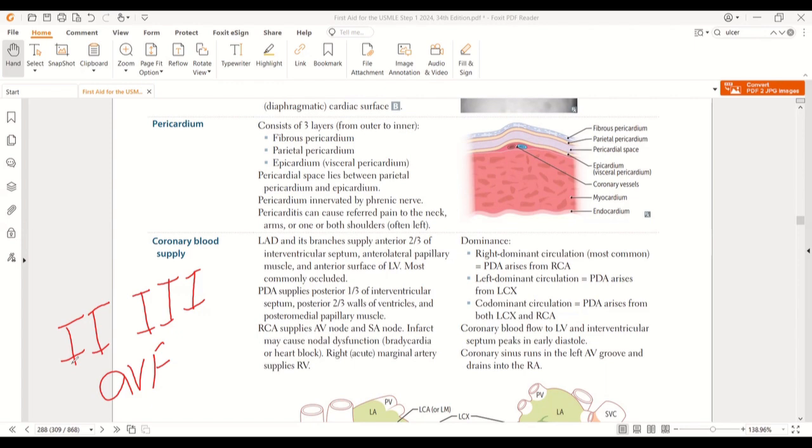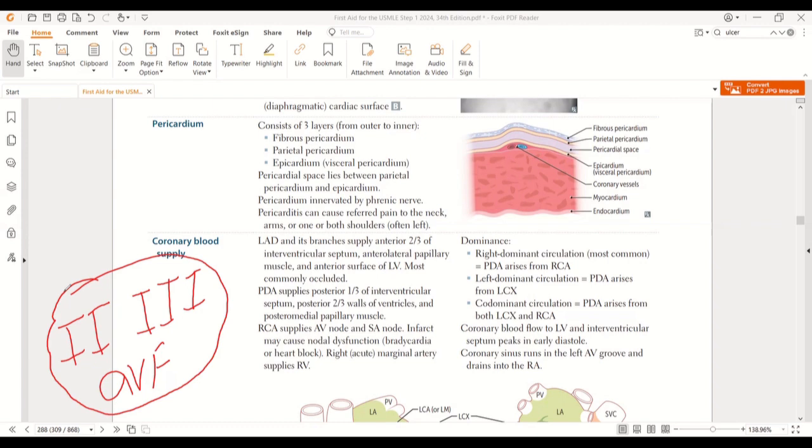So if you find any elevation in II, III, aVF, which MI is it? Inferior wall MI, right? Okay. So in inferior wall MI, which vessel is involved?